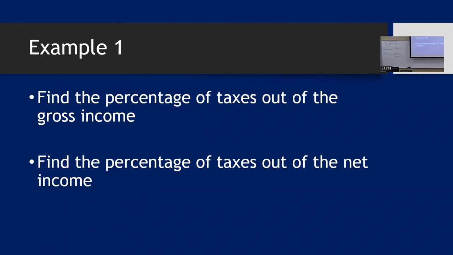And so far, when we've talked about what percentage of your income goes to taxes, we've always used the gross income, $50,000, right? What if we also found the percentage of taxes compared to the net income?